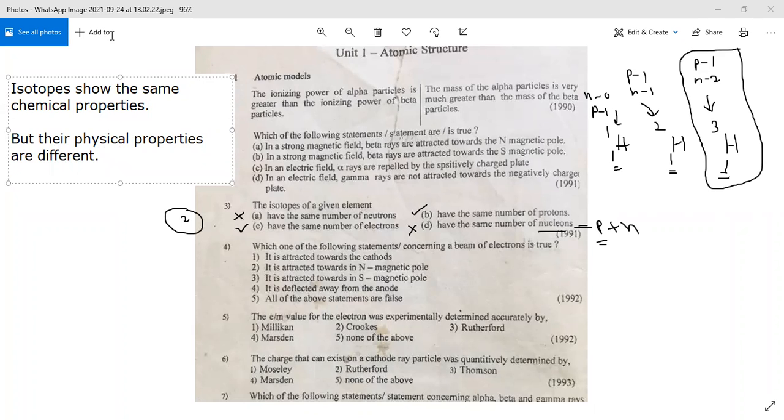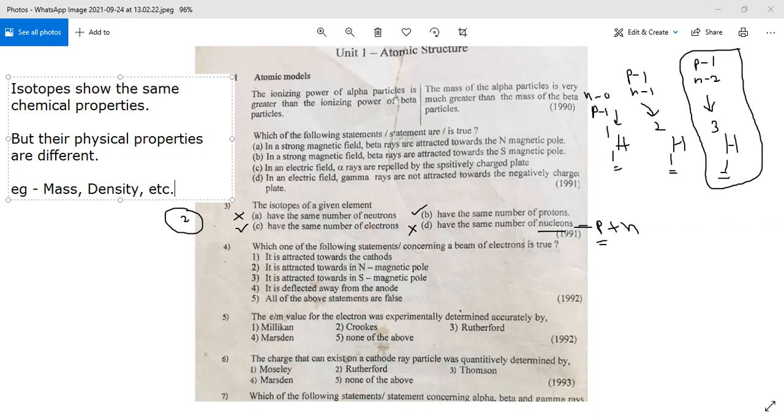Examples of physical properties: mass, density, etc. Remember, this point will come again and again.